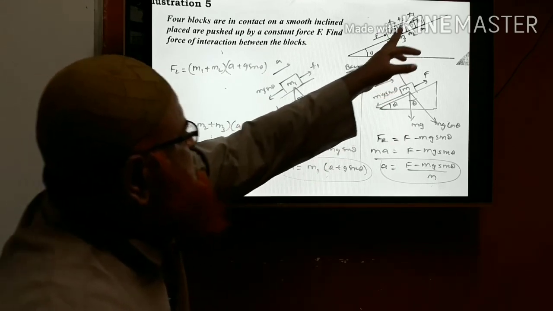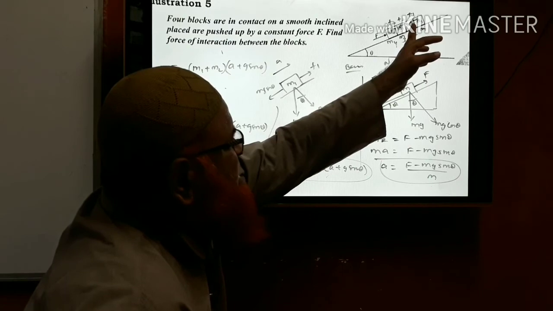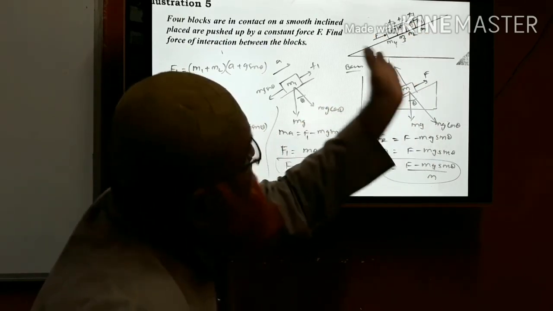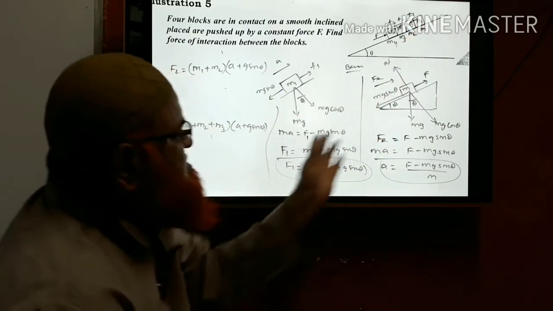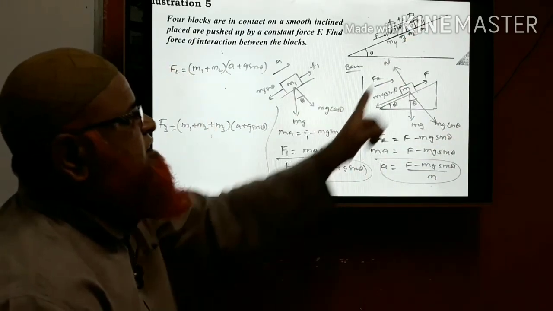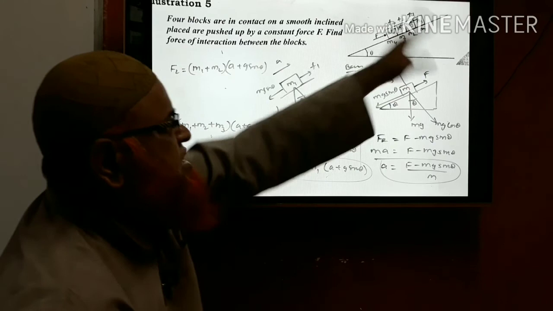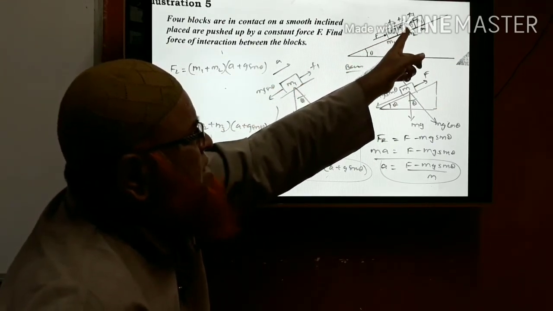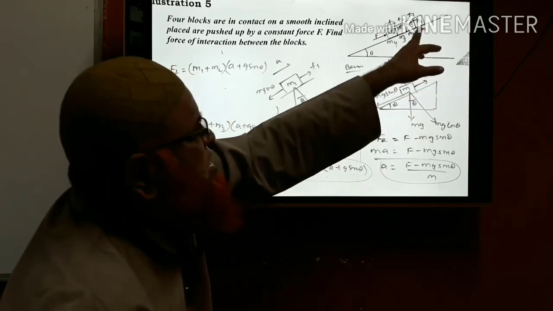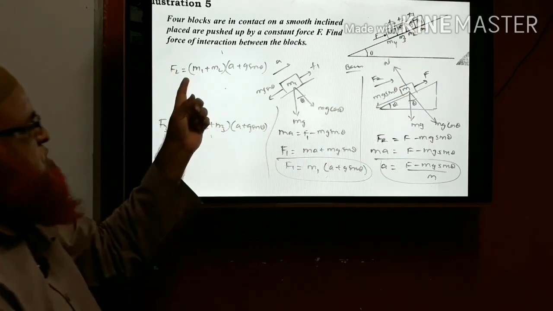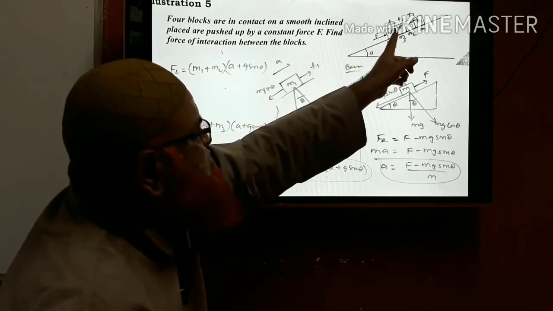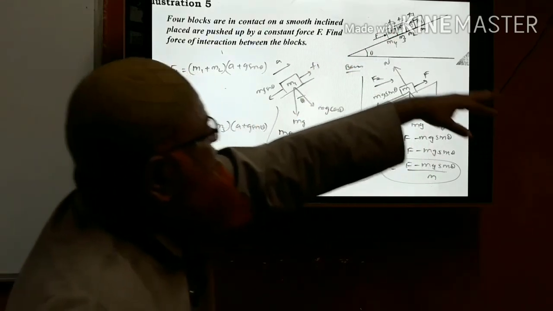It's a very simple concept here. Whatever force you are considering, that force depends upon the mass which is after that. For F1, the mass after it is only M1. If you want to find out F2, you consider the masses beyond F2, that means M1 and M2. Next, for F3, you consider the masses beyond F3.